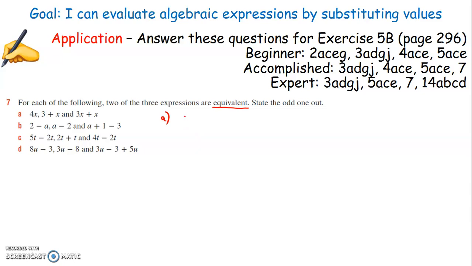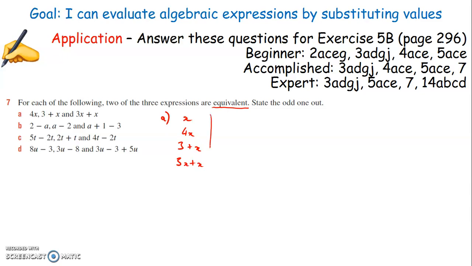So I'm going to have x at the top here, then the first expression we have is 4x, the second is 3 plus x, and the last is 3x plus x.